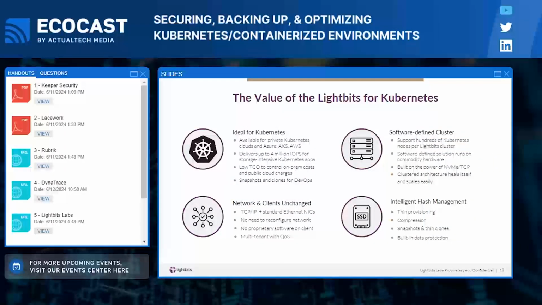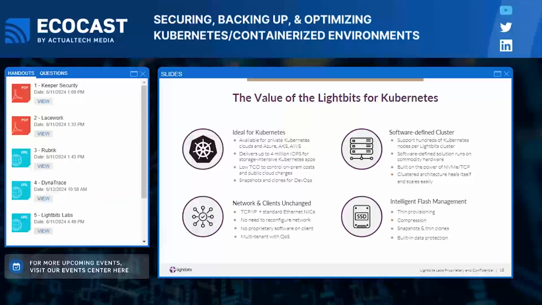So in summary, what's the value of Lightbits, especially for Kubernetes? We are absolutely ideal for Kubernetes because we are available for private Kubernetes environments, on-prem or in colos, as well as Azure, as well as AWS. We deliver very, very high performance.